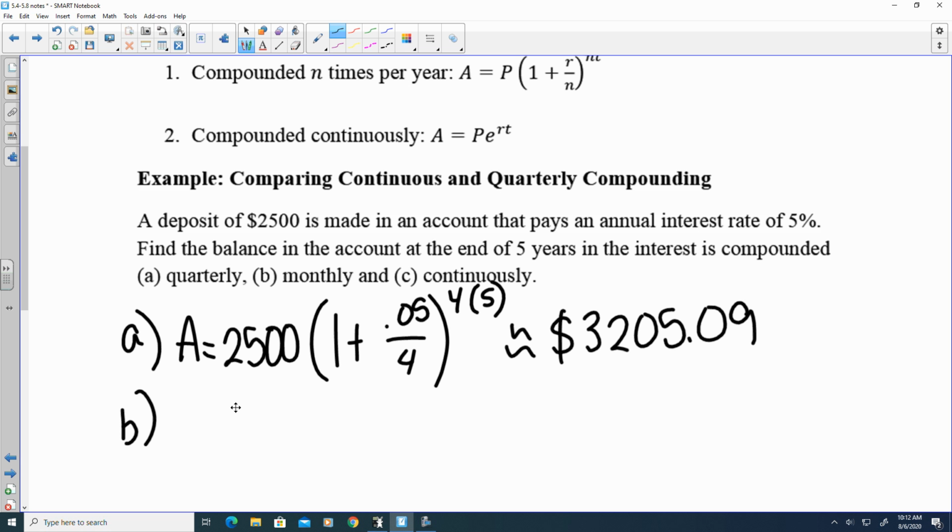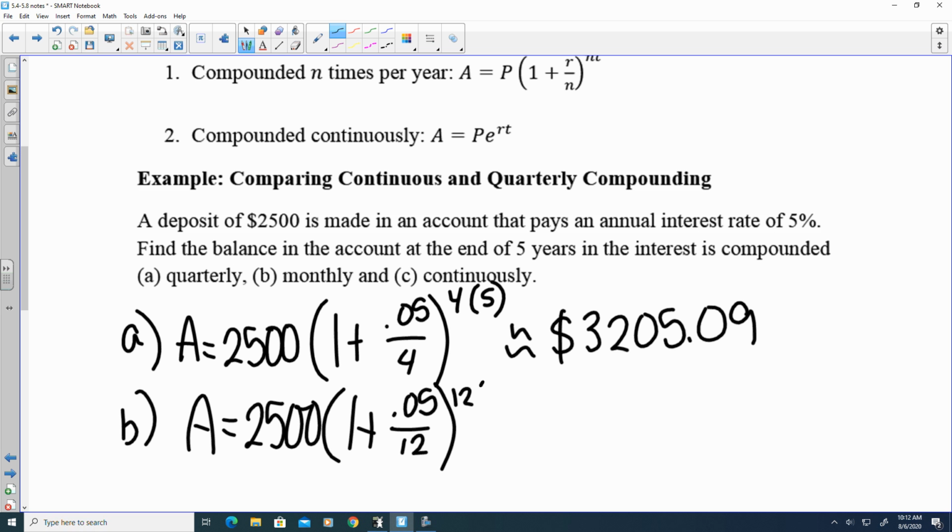Letter B, we're compounding monthly, so we're still using formula 1 up top for compounding n times per year. This time n is 12. $32.08 and 40 cents.